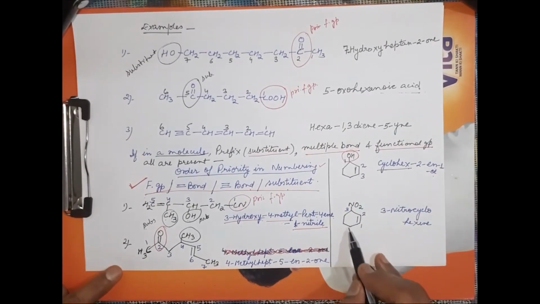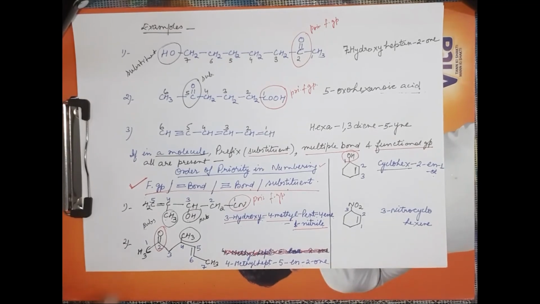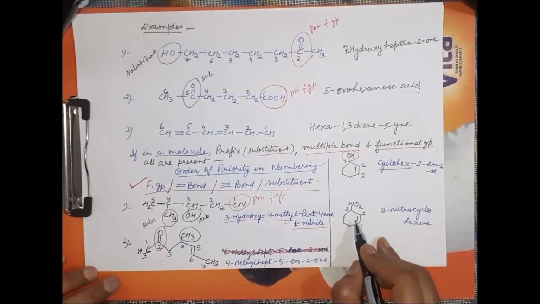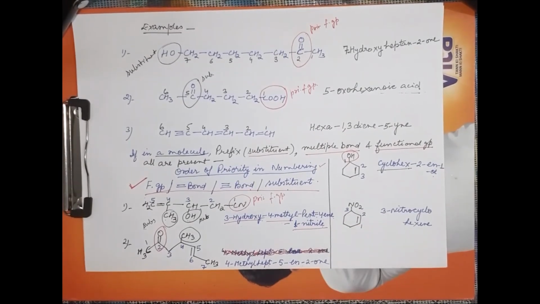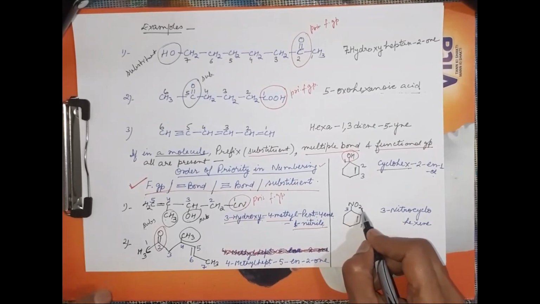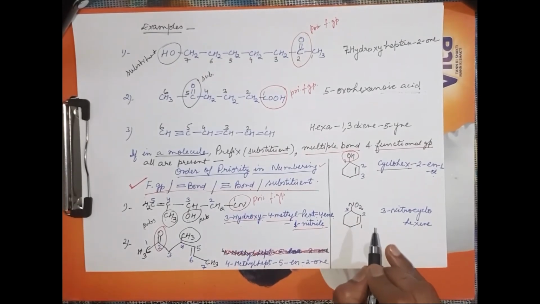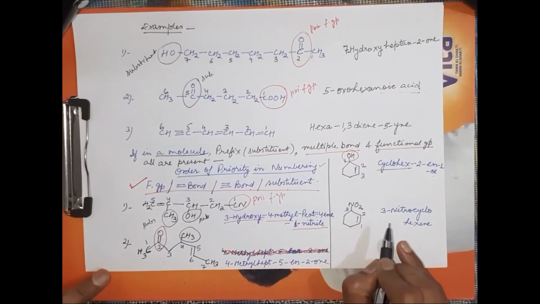In the same way, this is another example. Here NO2 group is present and one double bond is there. As I have discussed earlier also, if NO2 functional group is present, always it is considered as a substituent.